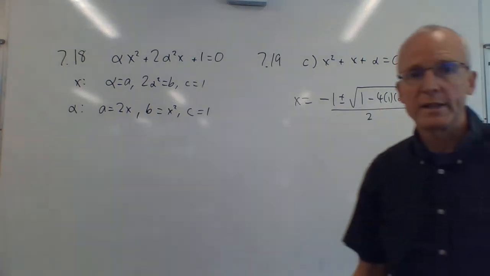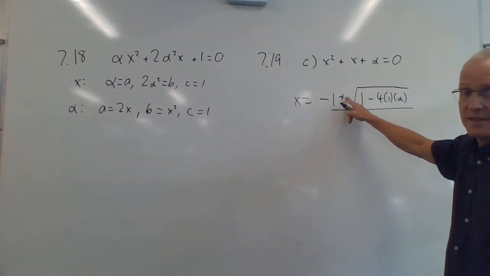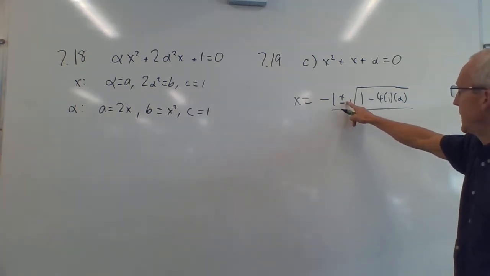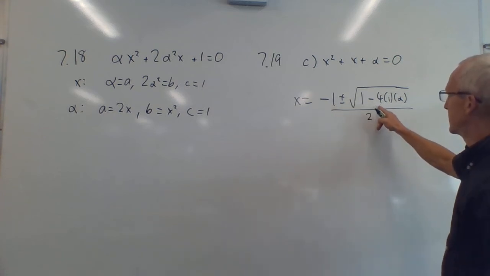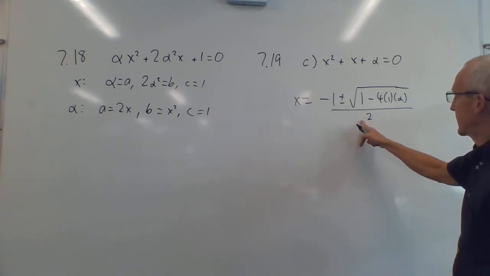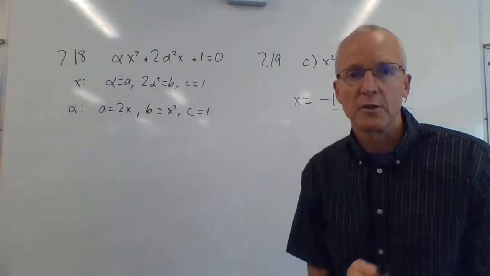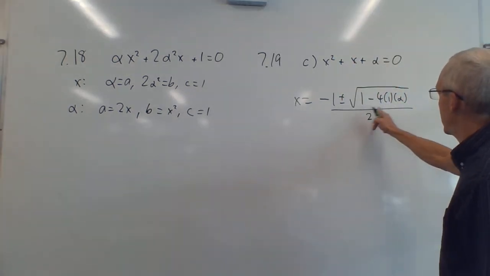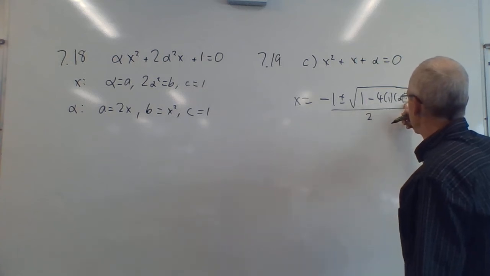We want this to only have one solution. The plus or minus gives us 2 solutions, so whatever we're plus or minusing has to be 0. Then there's only one solution, because plus or minus 0 is just 0, and the solution will always be this over this. But we want to find alpha so that there's only one solution. So we've got to make what's inside here 0. So whatever's inside the square root is equal to 0.